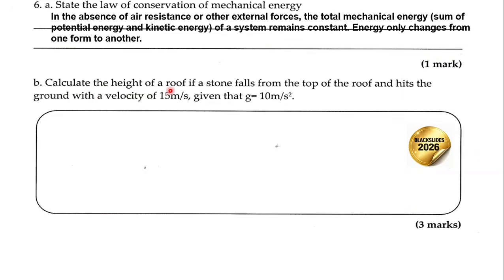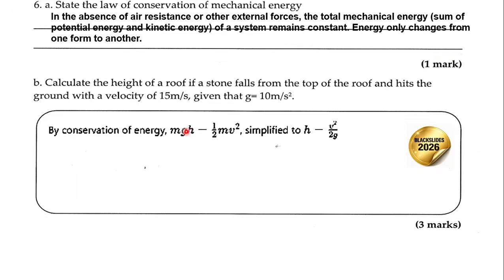Calculate the height of a roof if a stone falls from the top of the roof and hits the ground with a velocity of 15 meters per second, given that acceleration due to gravity is 10. Right, so by conservation of energy, potential energy, which is mgh, is equal to half mv squared, half of the mass times the square of its velocity.